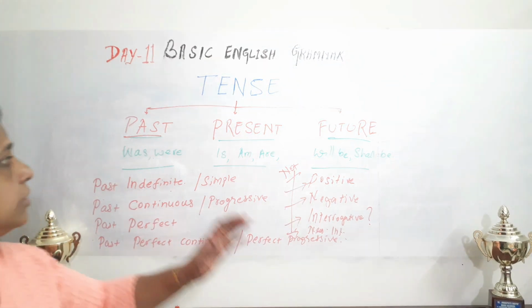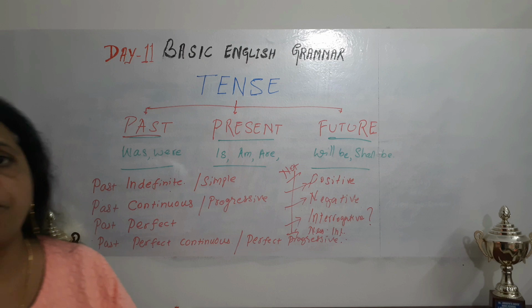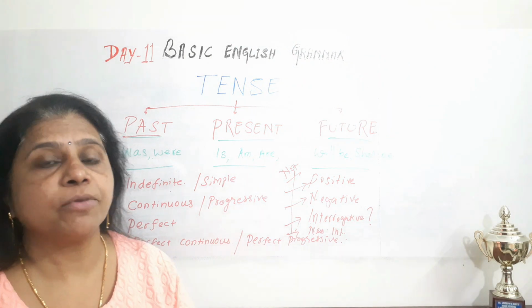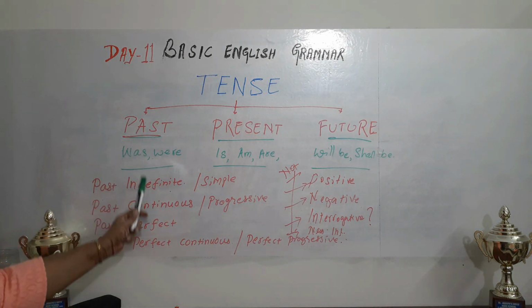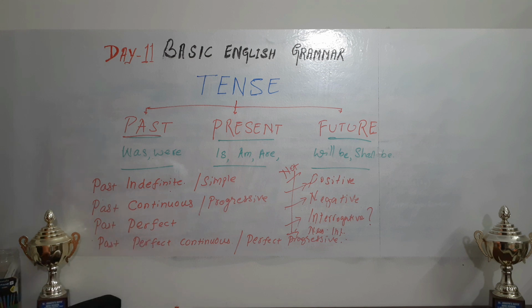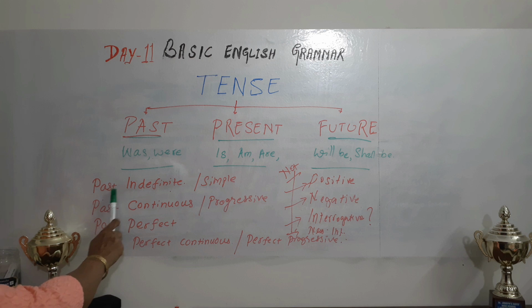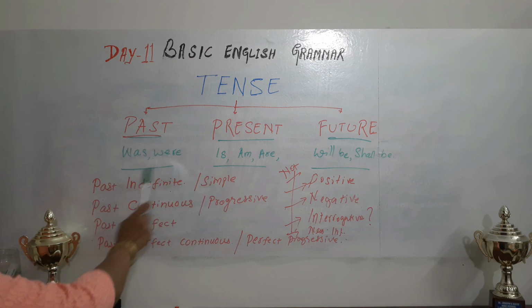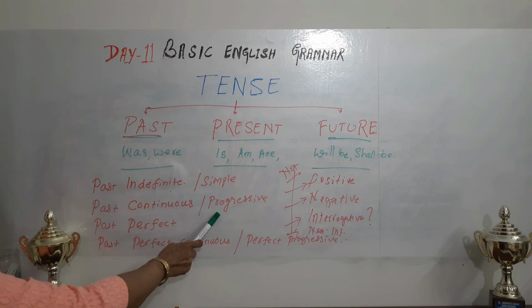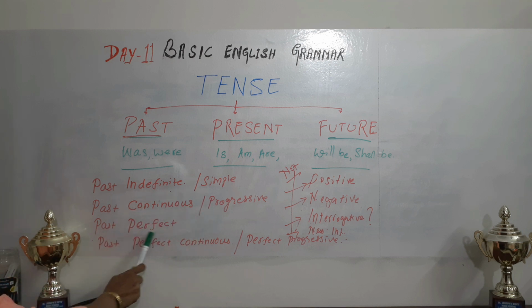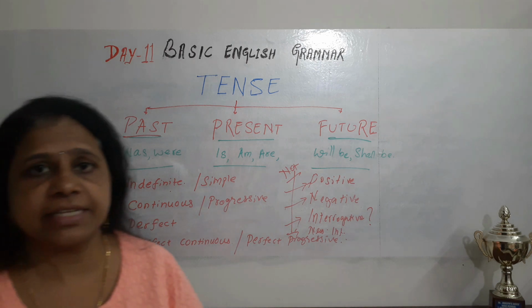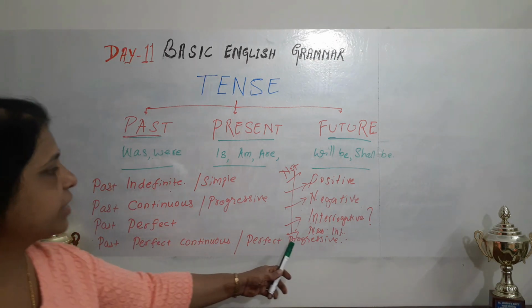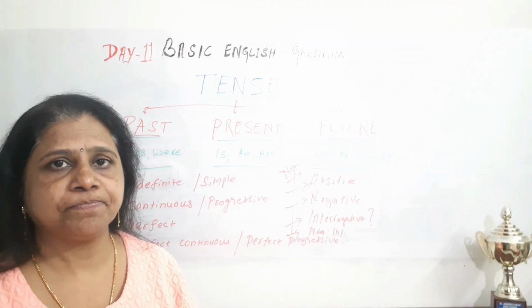They are called subtenses, so totally there are 12, because in each tense we have four tenses, right? So you can see here past indefinite or simple, past continuous or progressive, past perfect tense and past perfect continuous tense. This is also called perfect progressive tense.